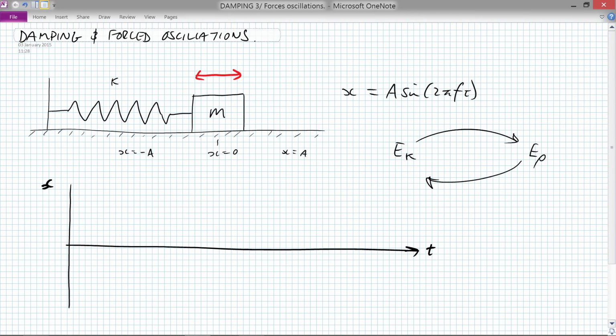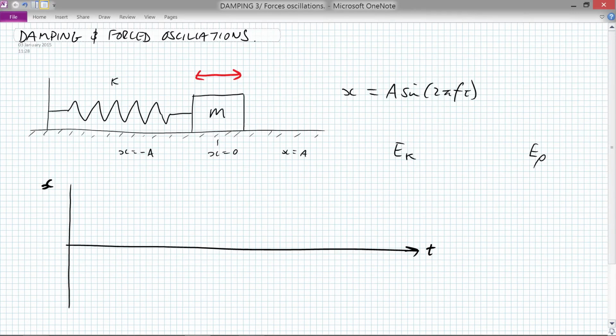Energy was being passed backwards and forwards between potential energy stored in the spring and kinetic energy making it move. And remember, at equilibrium it was all here, and at the amplitudes it was all over here.